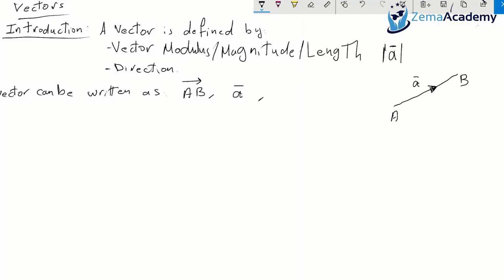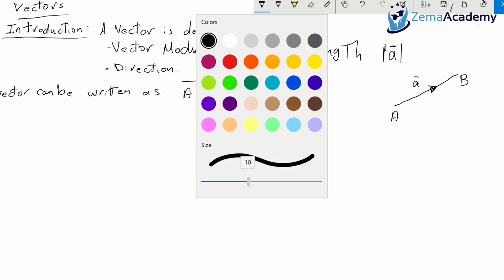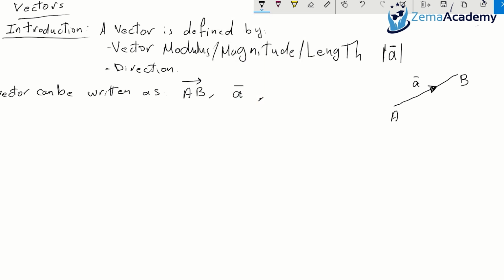Some textbooks write a vector as a bold character, to differentiate it from the letter A. So there are many ways. In this course we are going to focus on the second way, where A dash or A bar is called vector A, which has a magnitude AB and has a direction.